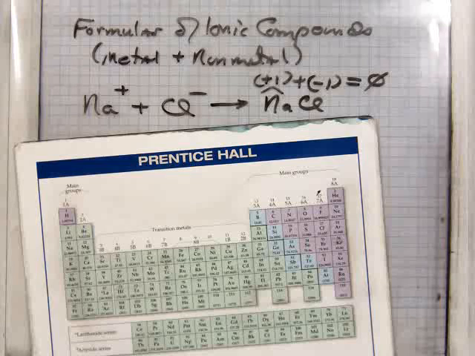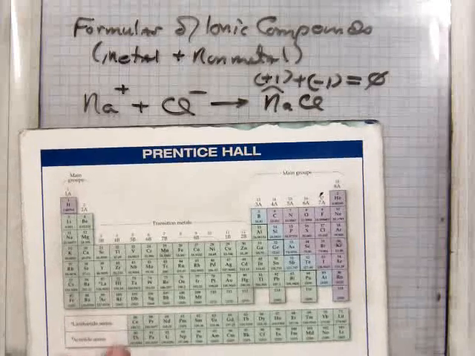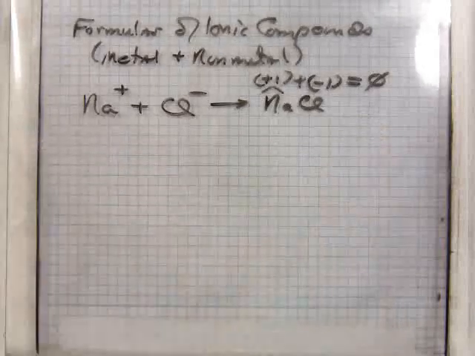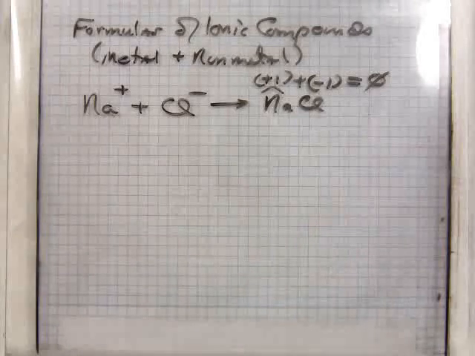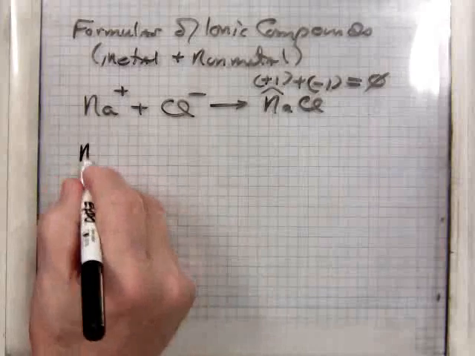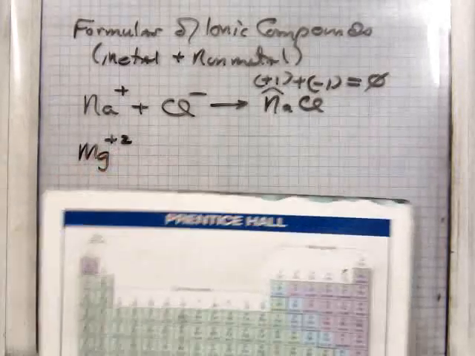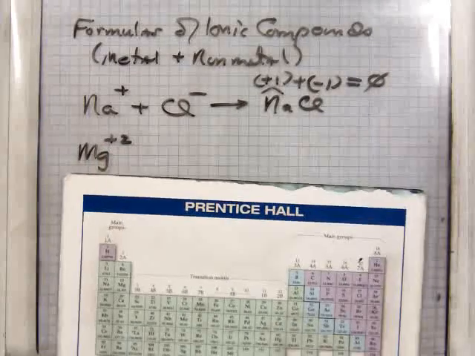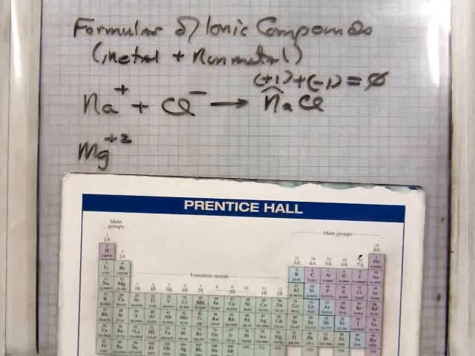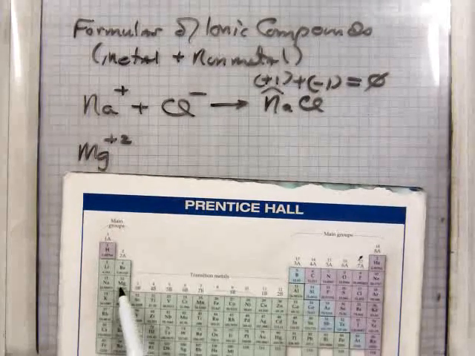But in molecular compounds, that's not the case. I'll show you the difference when we get to the molecular compounds. Now, what if I picked magnesium and sulfur, magnesium sulfide? Magnesium is in group 2 on the periodic table, if you can see this, right here.